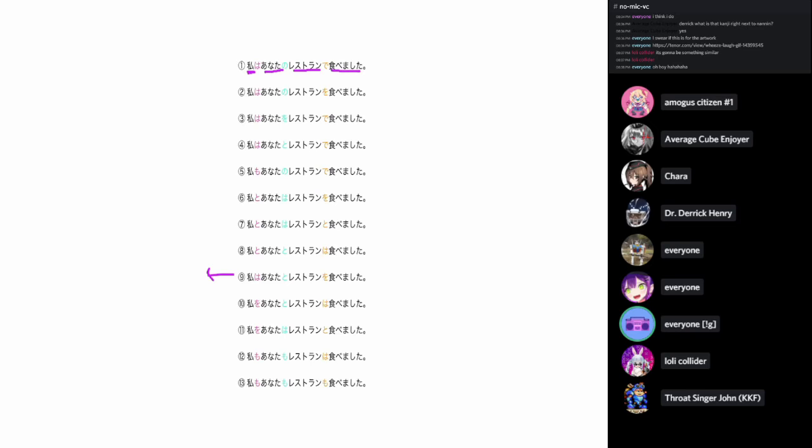Oh. So watashi mo is me included. So watashi mo anata no restaurant de tabemashita. So at your restaurant, I also ate. Which is a more normal sentence than say one at the bottom. If you look at sentence 12, it's watashi mo anata mo restaurant wa tabemashita, which is the restaurant ate you and me also.